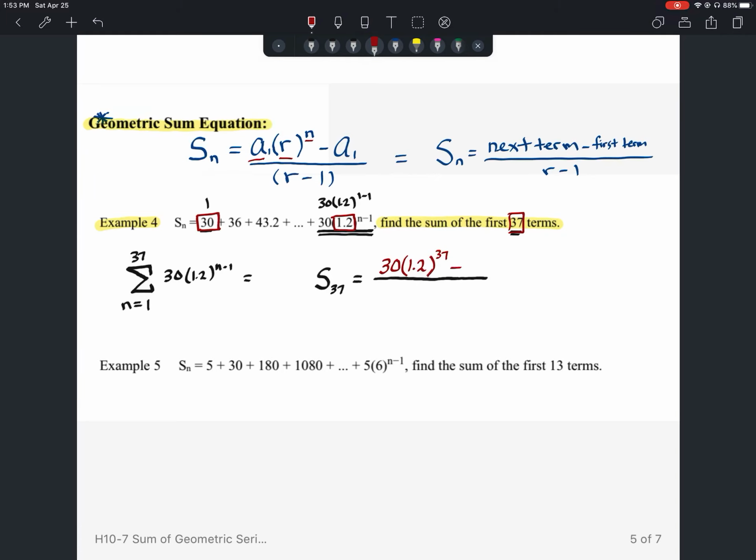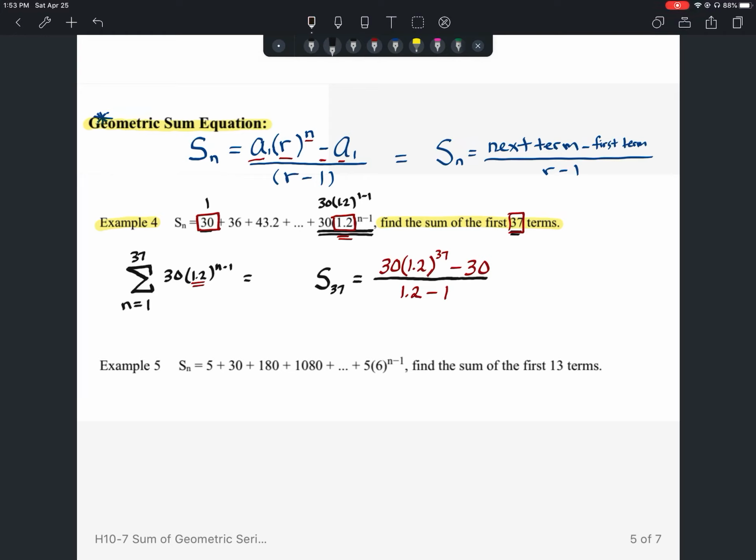Then we're going to subtract our first term, which is 30. That's the part that's coming from here, minus our first term. Now on the bottom, we're going to need to take our multiplier, our r value, which is 1.2, and we're going to have to subtract 1 from that. So all we've done is take everything here and plug it in where it goes.